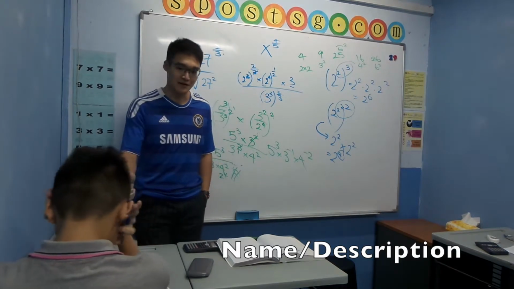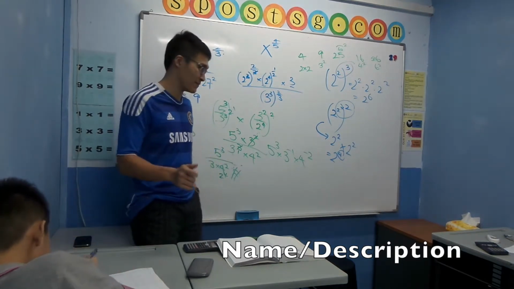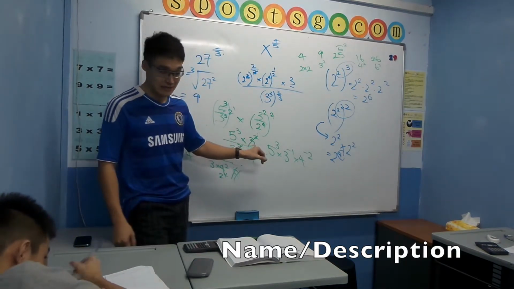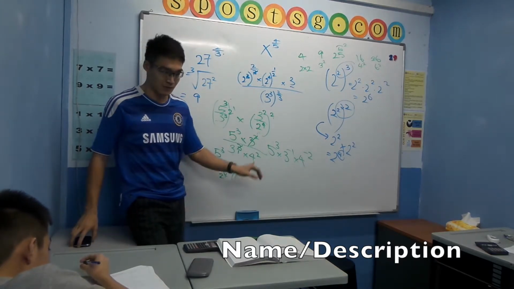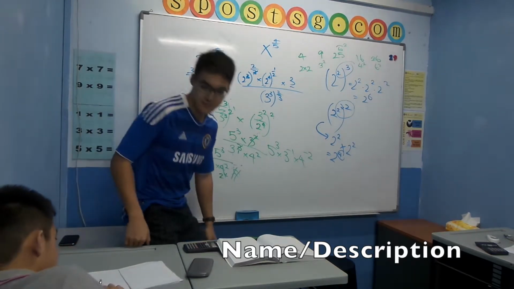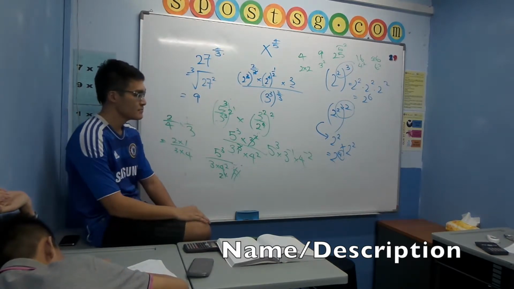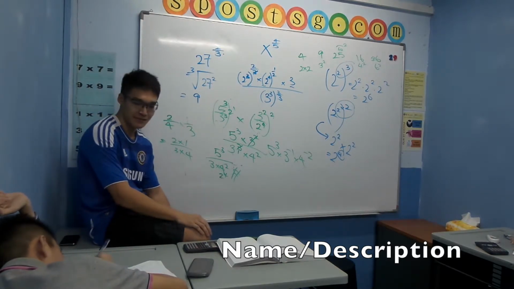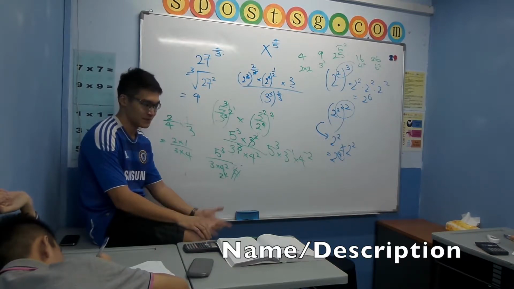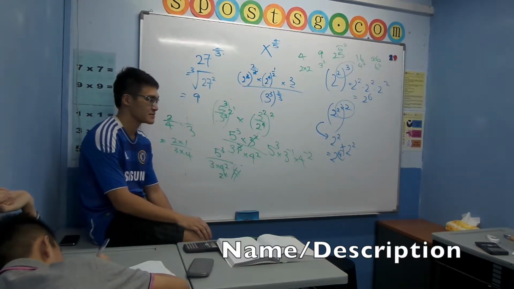Then you can do the algebra. Because when you work with algebra in indices, it's when you really understand it that you will do it. Okay, and maths is practicing. You must keep doing. If not, you won't improve.